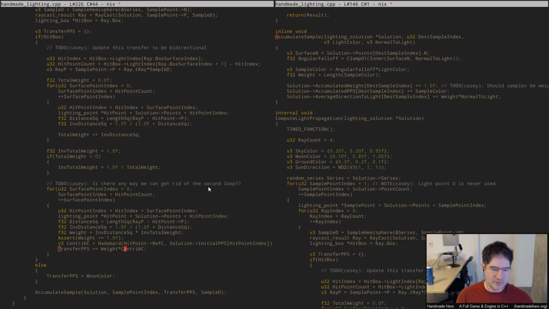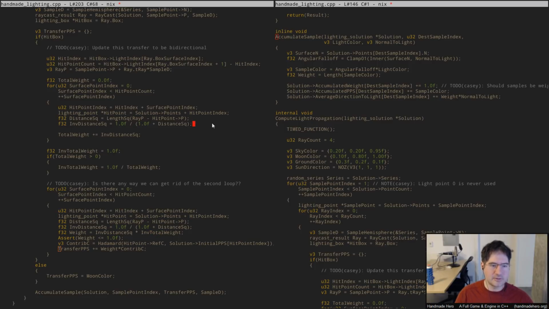And that weight value is going to divide our contribution, right? But we could instead just multiply by the raw weight value, whatever this value is here, and then multiply the entire thing by the inverse total weight later because it's a constant.